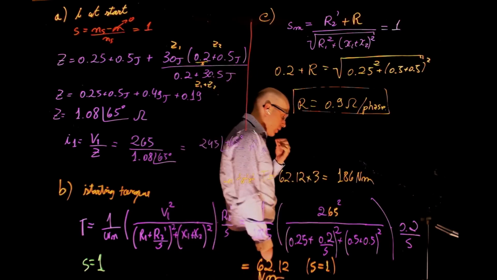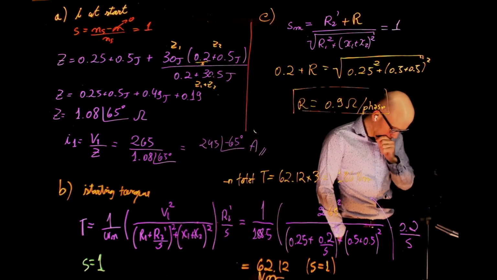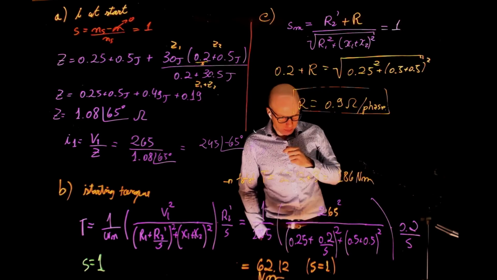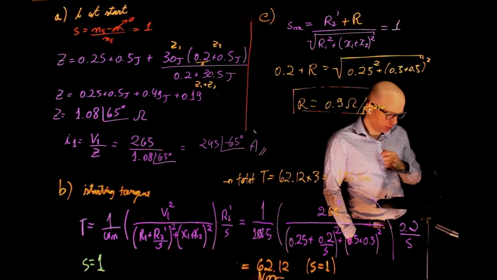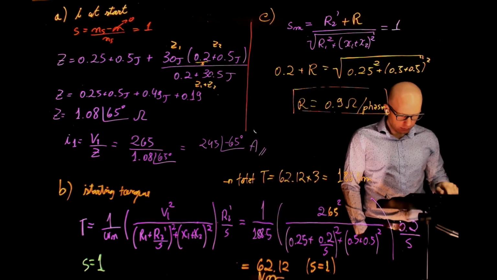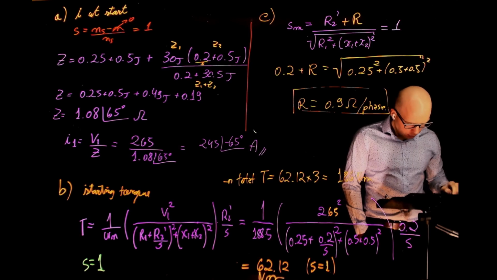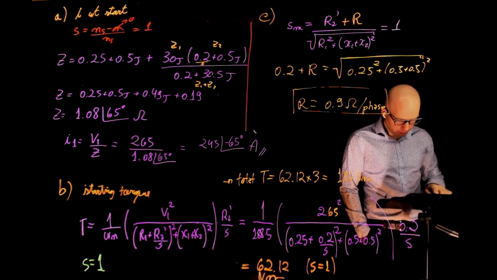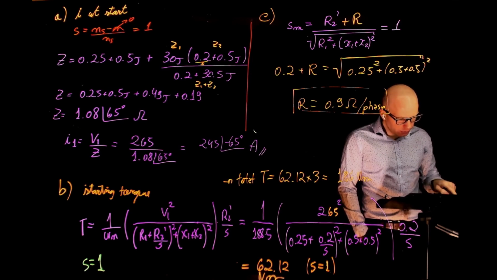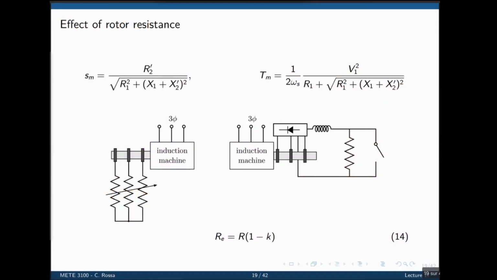Okay, any questions? I have a question. Where would this resistor be placed in the circuit when you add it? It will be external to the motor. I don't have an example here, but it will be external to the motor, connected at the slip rings that we added to collect the output voltage.